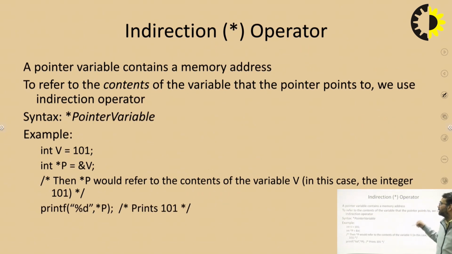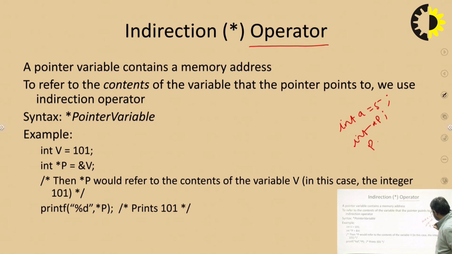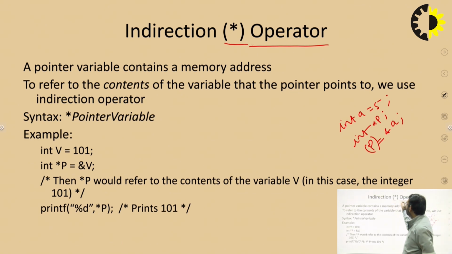Now, the indirection operator. Suppose we are declaring a variable int a = 5, declaring as well as initializing. Now I am declaring a pointer of integer type p. This p contains the address of a. If we want to retrieve the value at an address, or we can say we want to retrieve the value through a pointer, then we have to use the indirection operator.